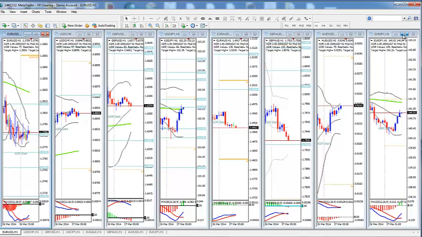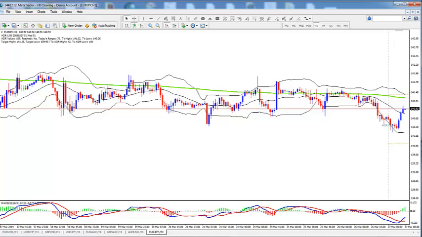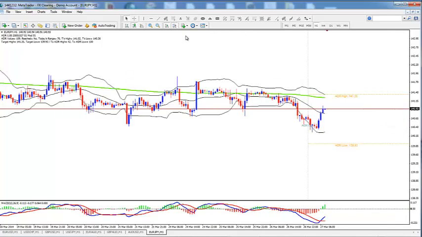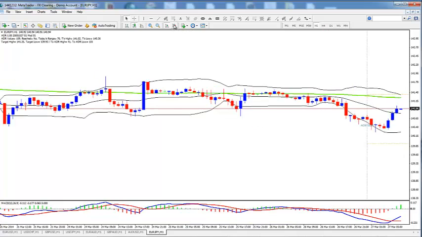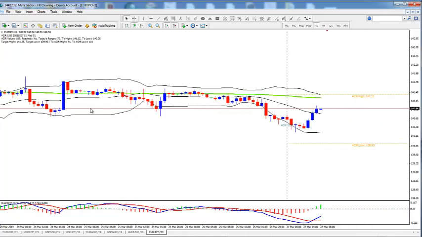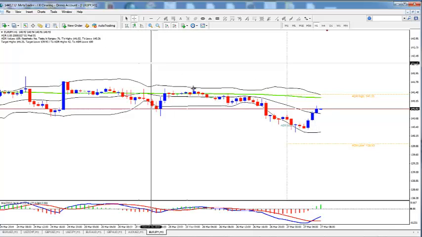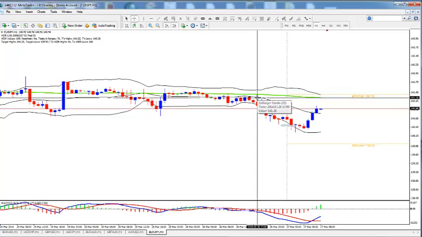So we'll start over with the Euro Yen, and let's make this a little bit bigger. If you take a look at the euro yen, there is really no trend here. This is ranging. What is the amount of pips that the euro yen has moved?